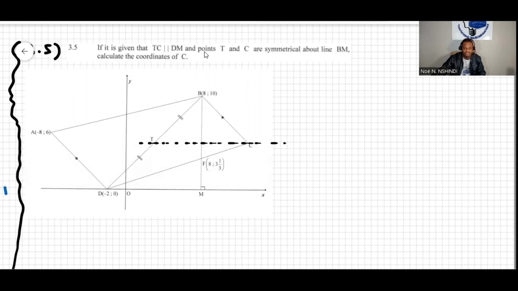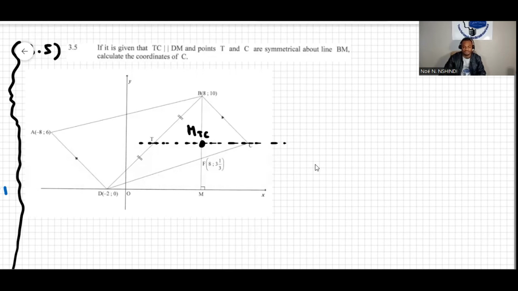It also says that points T and C are symmetrical about the line BM. Symmetrical, as I say, BM is this line, meaning this point is the midpoint of TC.